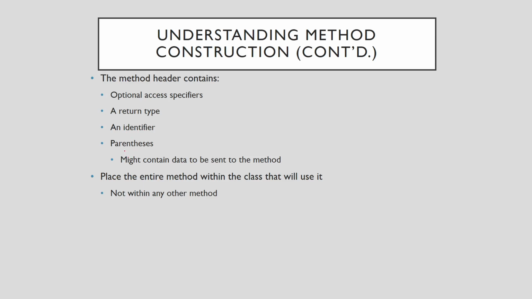The parentheses might contain data to be sent to the method, meaning the parameters, so it can be a method with or without parameters. You have to place the entire method within the class that will use it, but not within any other method, so we cannot nest a method.